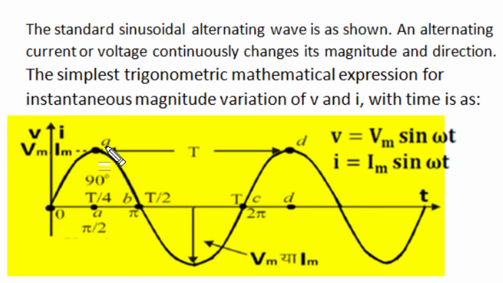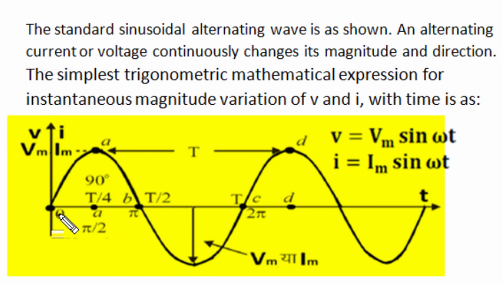After that it starts decreasing initially at a slower rate and then at a faster rate, again attains zero magnitude, and current changes its direction, voltage changes its polarity. Just like positive half cycle, negative half cycle is produced by magnitude variation, and now this cyclic variation repeats itself.